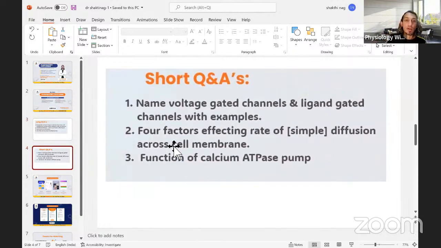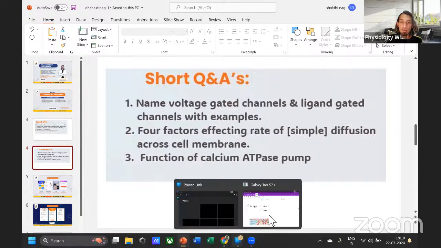Now again, factors affecting rate of diffusion across cell membrane, we already talked about it. Fick's law, and you describe the factors. Function of calcium ATPase. So calcium ATPase is something we saw. It's also called SERCA, sarcoplasmic endoplasmic reticulum calcium ATPase. What is its main function?